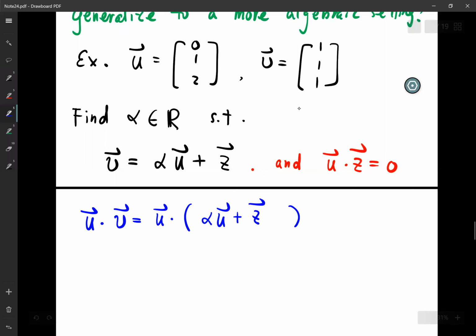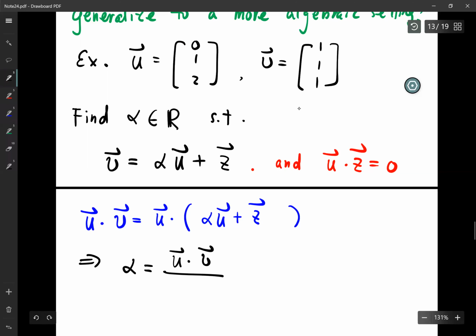As I said before, we don't know what z is at this point, but it doesn't matter. Because u dot z must be 0. And I do know what u is. So this gives me alpha as a number equal to u dot v divided by u dot u.